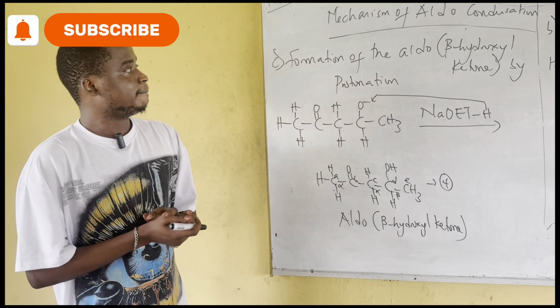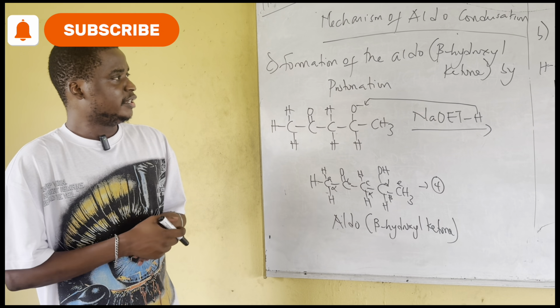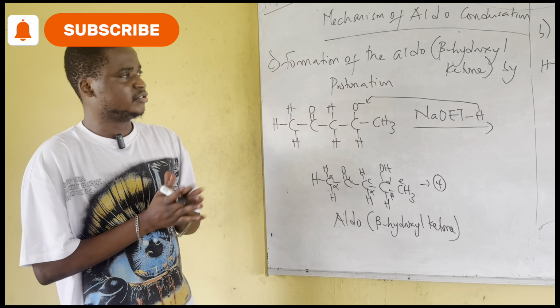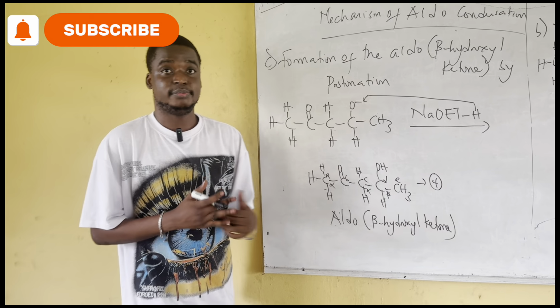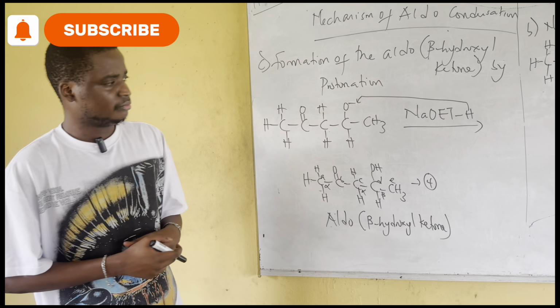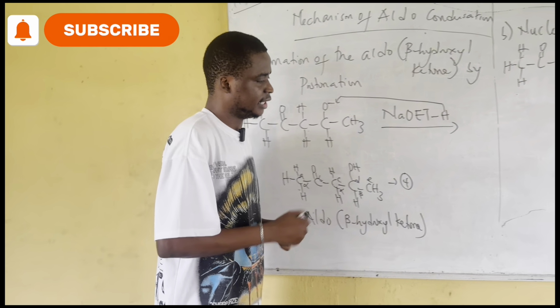Now, I'll give you something to try. Feel free to draw it on your paper and just post a snap of it in the comment section. An aldol condensation reaction between, okay, let me write it here.